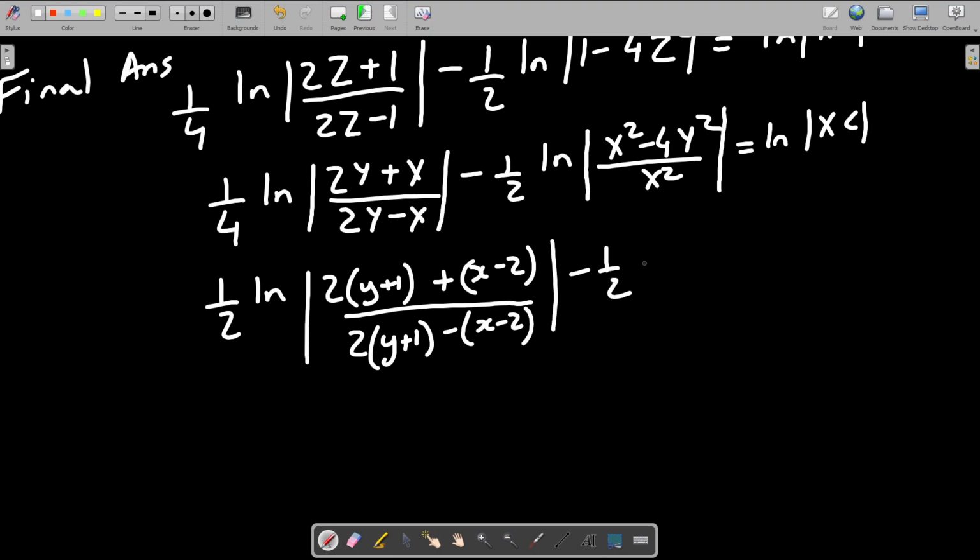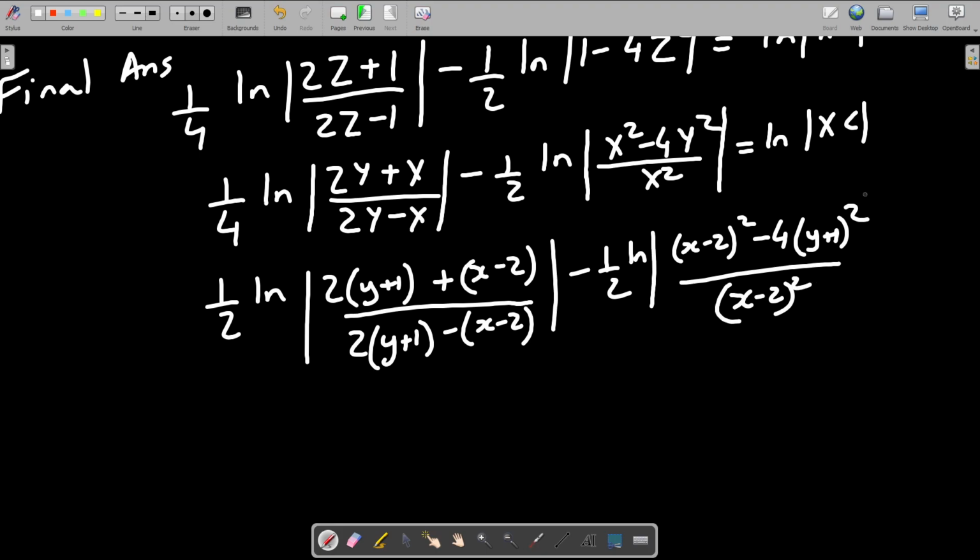Okay, half times ln of x minus 2 the whole square minus 4 y plus 1 the whole square, and this is equal to ln of c times x minus 2.